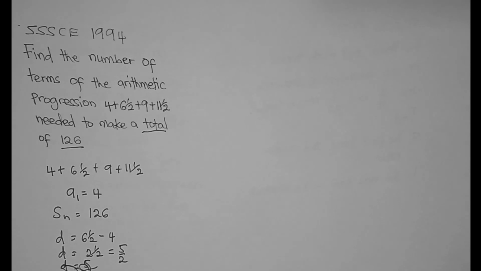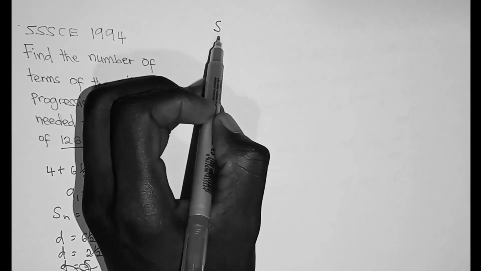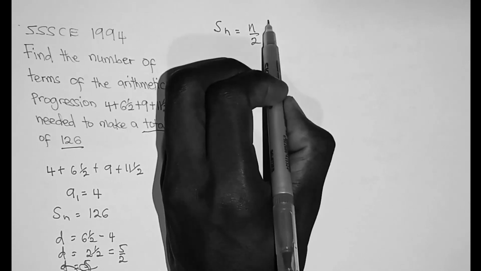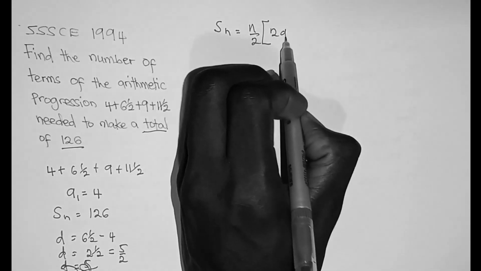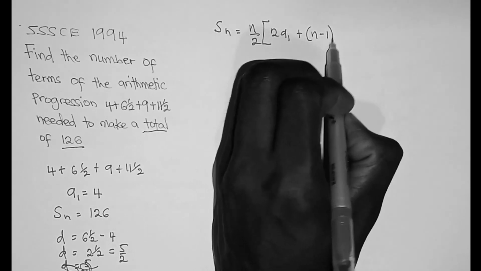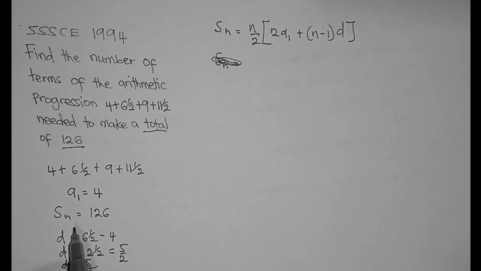So let's write the formula for the sum. Sn is equal to n over 2 into bracket 2a1 plus into bracket n minus 1 d. So we know the value of Sn.